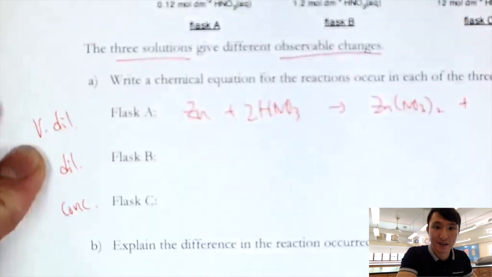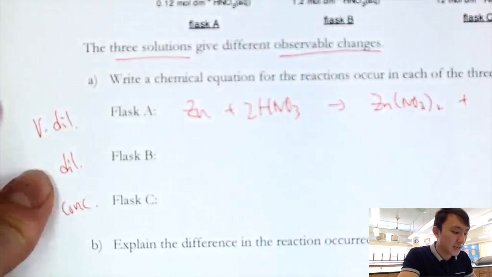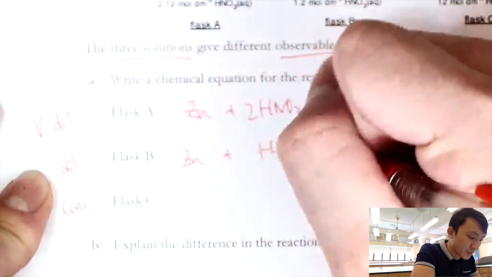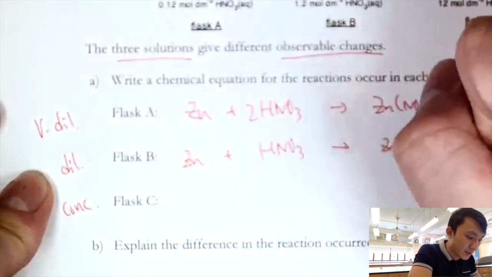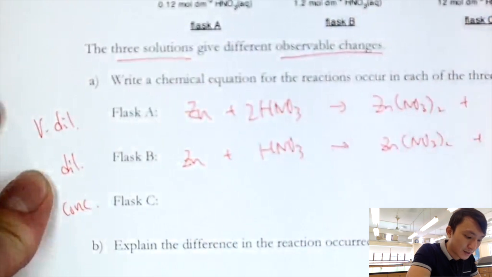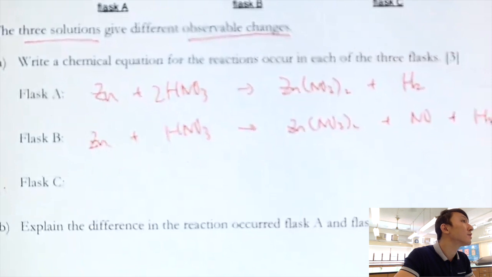Put a 2 here to balance. This is like the Form 4 when we talk about metals. You still remember? Now for flask B, it's a dilute one, so not only does it produce the zinc nitrate, but it also produces nitrogen monoxide plus H2O. Okay? No more hydrogen gas.